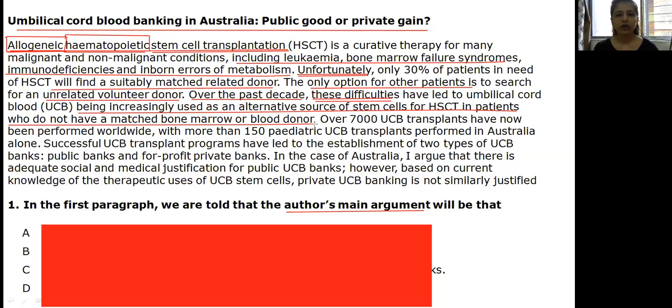So what happens in this situation is the umbilical cord blood from whoever is the newborn baby within the family is preserved, and then that is used for anyone who requires HSCT treatment. And again, here you need a suitably matched donor.